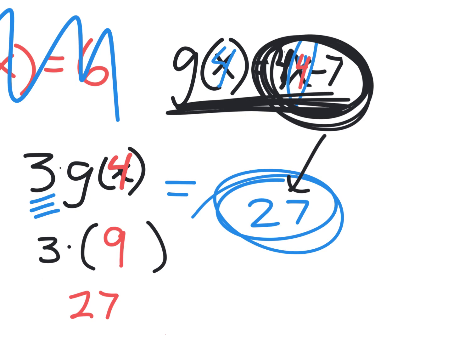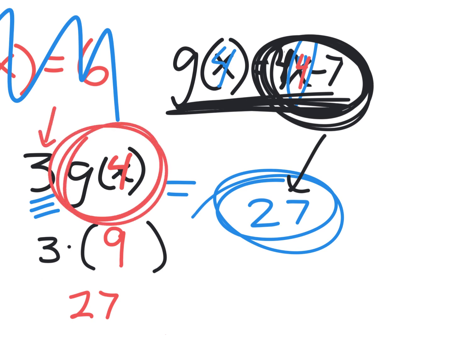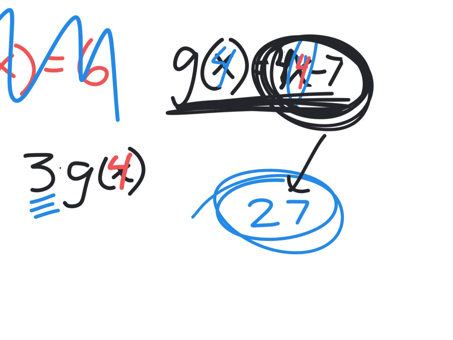Yes? Do we keep the 3 in the 3gx when we get our final answer? When you say it's in the 3g, it's not in it. It's right in front of it. That 3, that's in front of g of 4. Okay, so then what was g of 4 again?